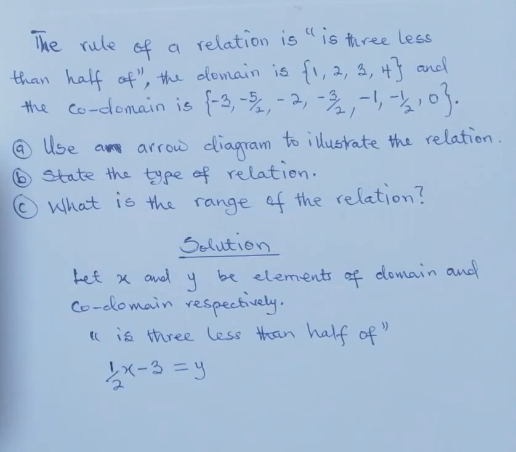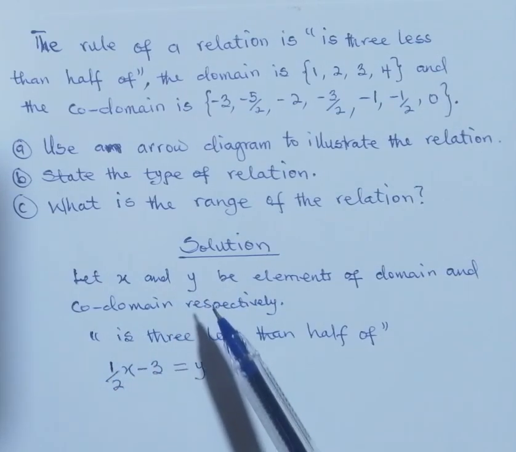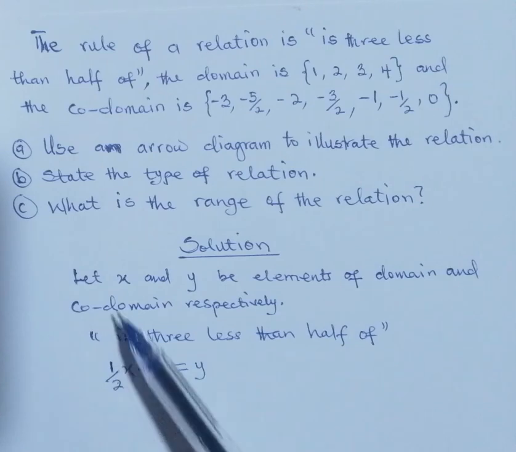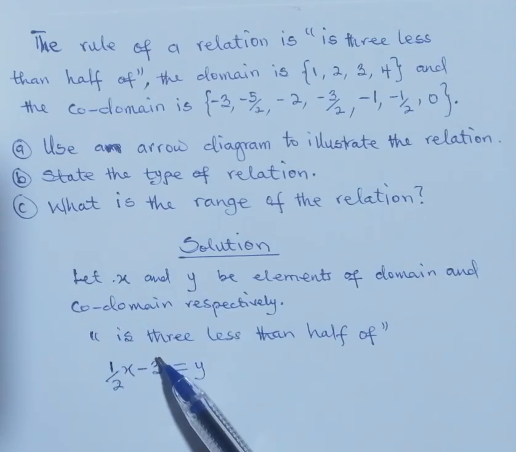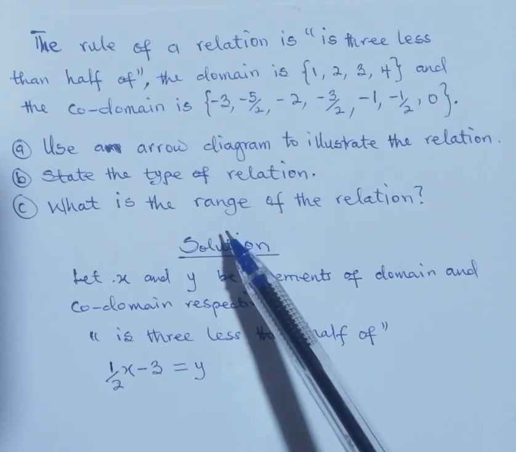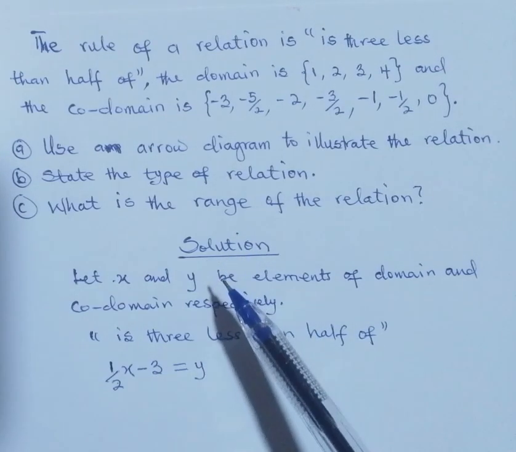In that case, we are given the domain, the x values, and the y values. Good. But we want to know the actual range so that we can use it to draw the arrow diagram.